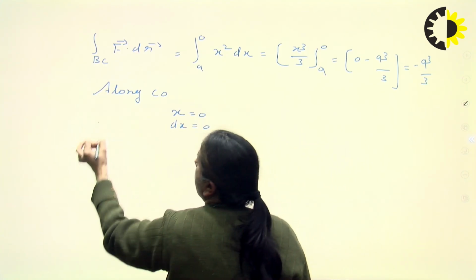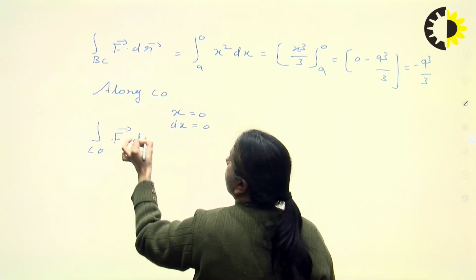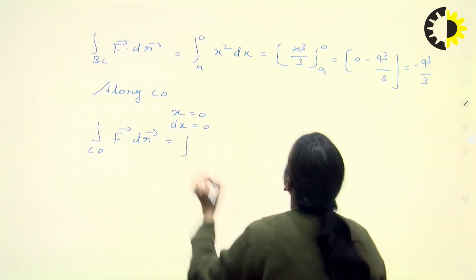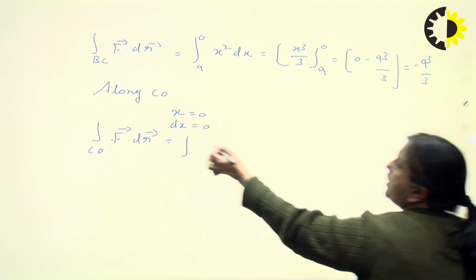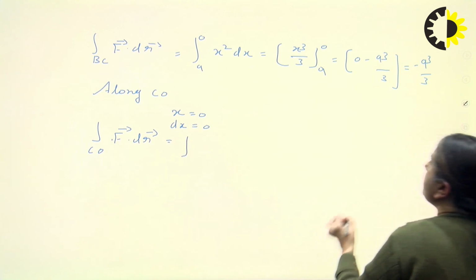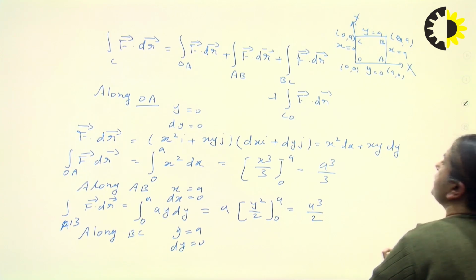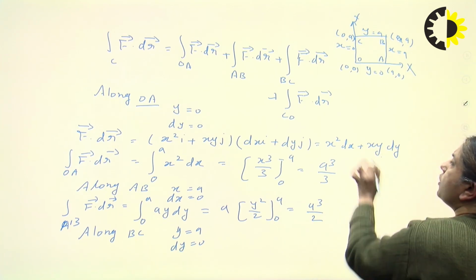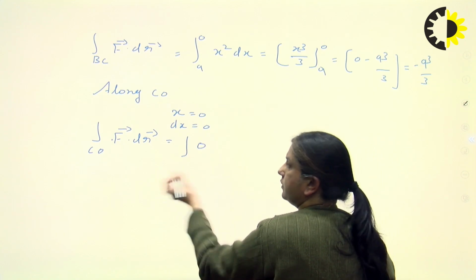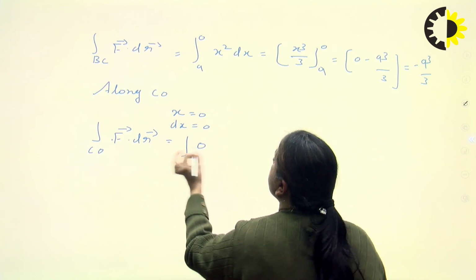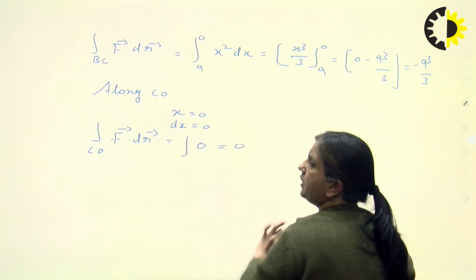In the line CO, in F dot dr, x equal to 0 and dx equal to 0, so the first term, x square dx, will be 0, and since x is also 0, the second term will also become 0. So the value will be 0.